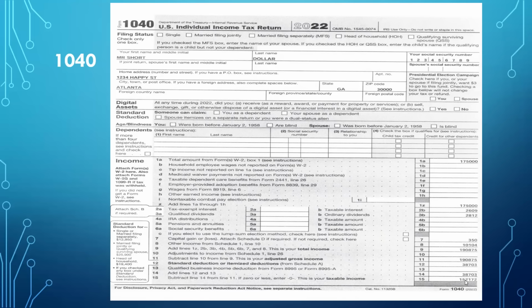Your taxable income is what determines how much tax you're supposed to pay for this particular income amount based on your filing status, be it single, head of household, married filing joint. Okay. So again, line 14, that total, 38,703, is subtracted from line 11, the adjusted gross income, which gives us $152,172.